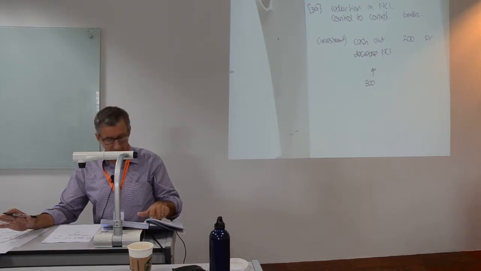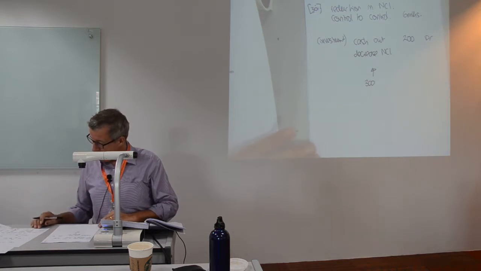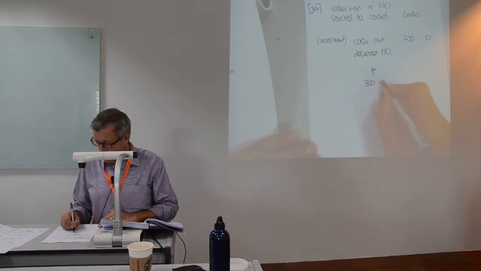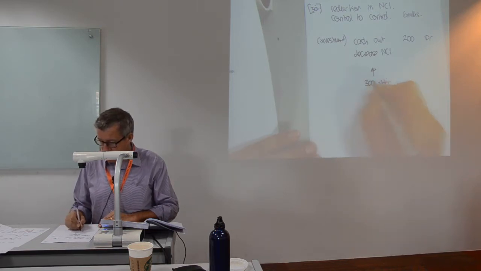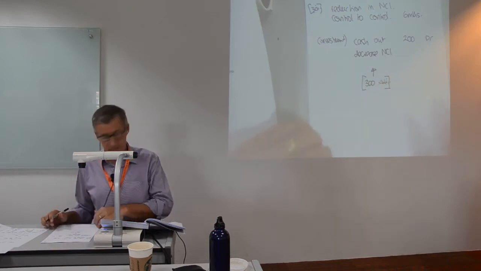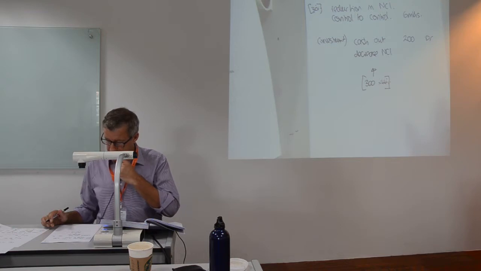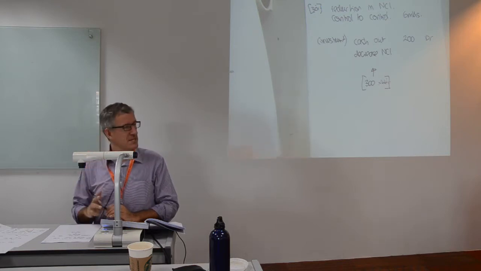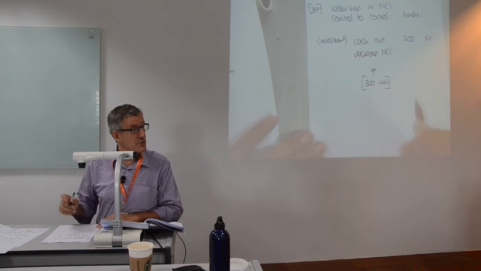The NCI that we've got at the moment is 44%. So 44% of the net assets don't belong to us, and there's nothing attributable in respect of the goodwill. 44% of 300 is 132.